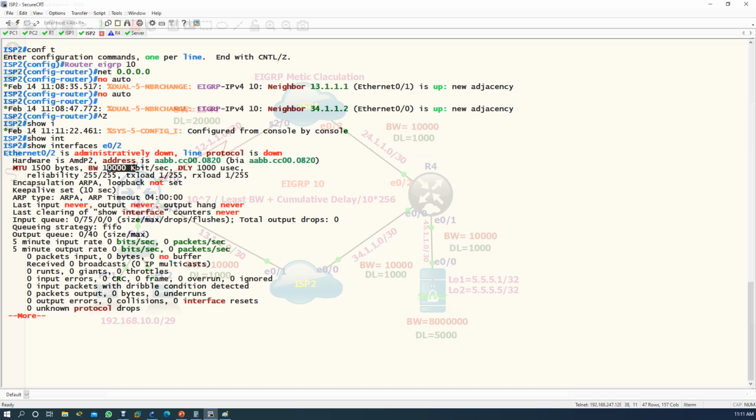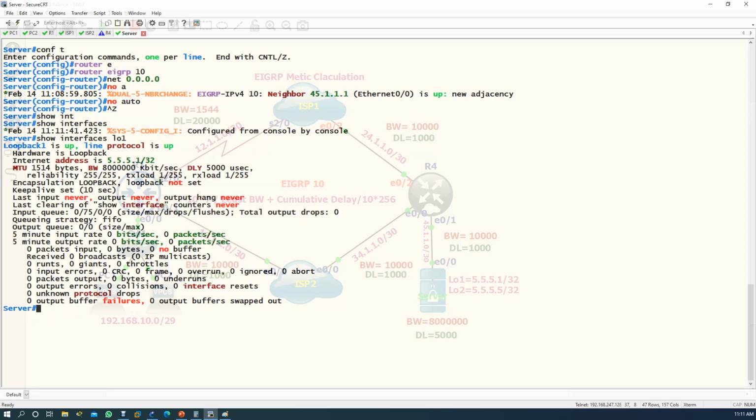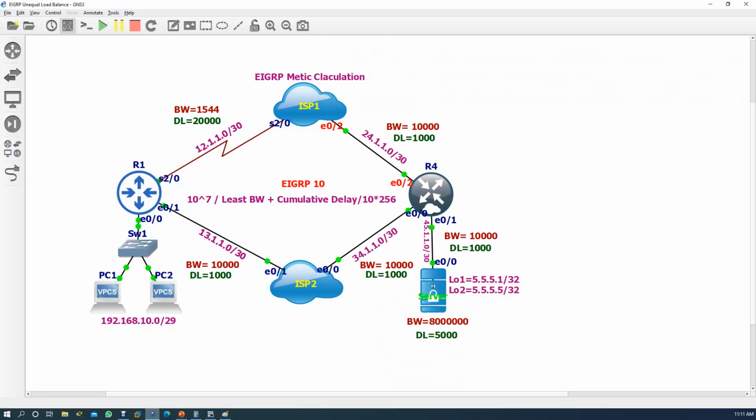Okay, now come here to server, interface loopback 1. What is the bandwidth? This is the bandwidth, right? 800 Mbps. From this way we have calculated, and from this way also we have calculated, and I have already written.